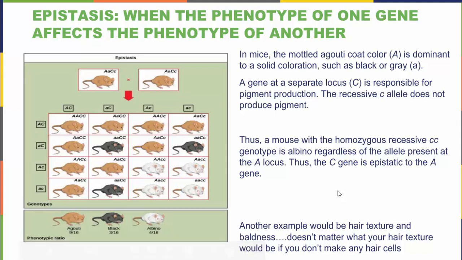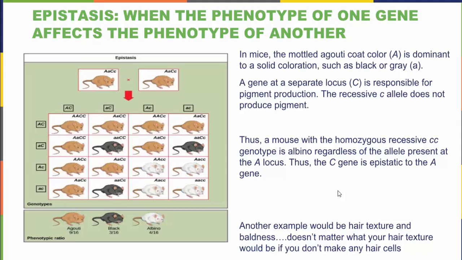Let's say that there's straight hair and there's curly hair, and it doesn't matter if you have the allele for straight hair or the allele for curly hair, because if there is a different gene that says hair production, yes or no, and you have the baldness version of that other gene, it doesn't matter if you have the allele for curly hair. If you are bald, you are not making curly hair because you're not making hair at all.